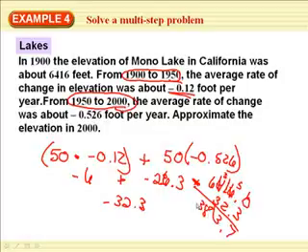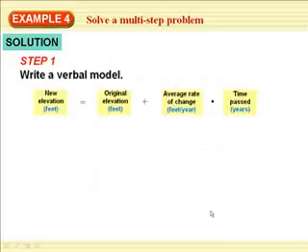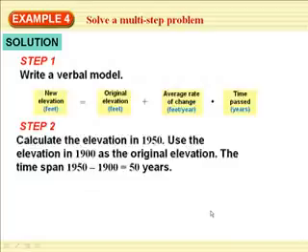I always say that's the good thing about math, is there's more than one way to do things, and sometimes that's the bad thing about math. So I'm going to say 6403.7 feet, and I think that's what your book says. So writing the verbal model, I don't always do that.